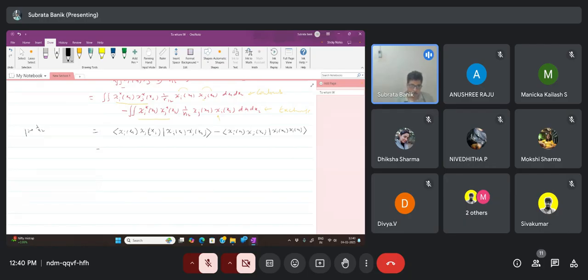This also can be written in shorthand, just chi I, chi j, chi I minus chi I, chi j, chi j, right? These are shorthand notations.